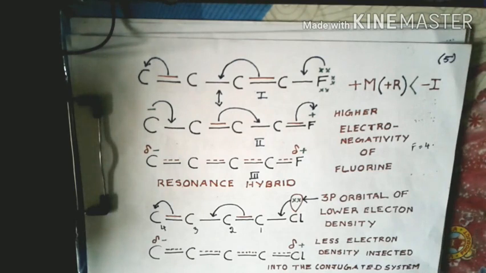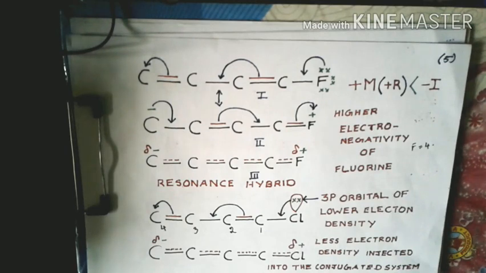Now when we come to the other halogens, bromine will provide a 4p orbital and iodine a 5p orbital, which are still larger in size, so that the electron density of these orbitals gradually decreases and the overlapped region will have lesser and lesser electron density, so that in the case of bromine and iodine the electron density transferred to the conjugated system will be lesser and lesser.